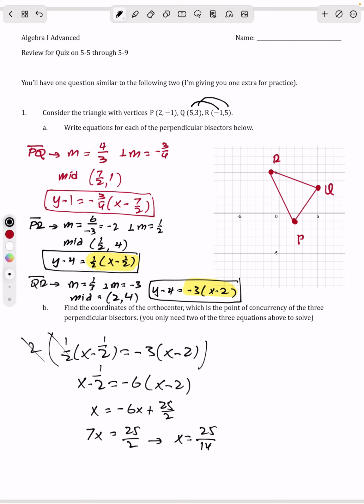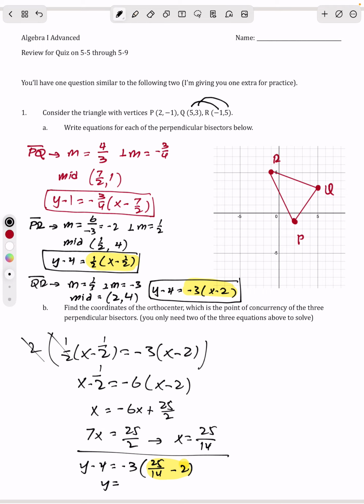I'm going to use the bottom equation, y minus 4 equals negative 3 times x minus 2. So y equals, I'm going to do the math here in my head. 25/14 minus 2. Well, 2 is 28/14.